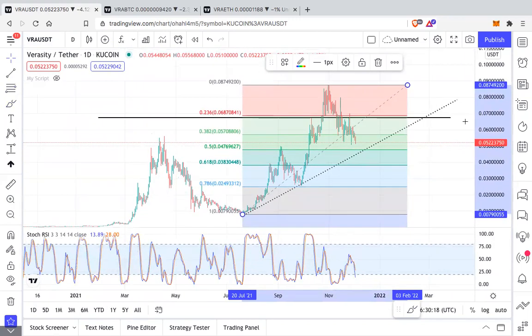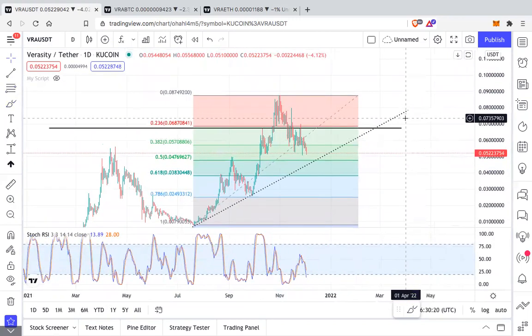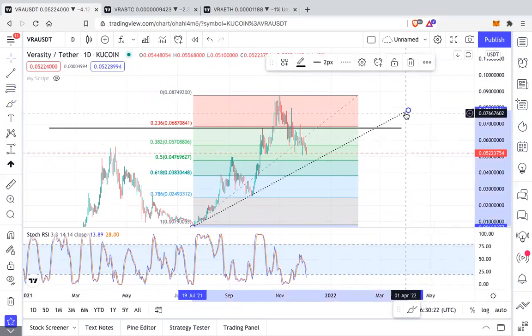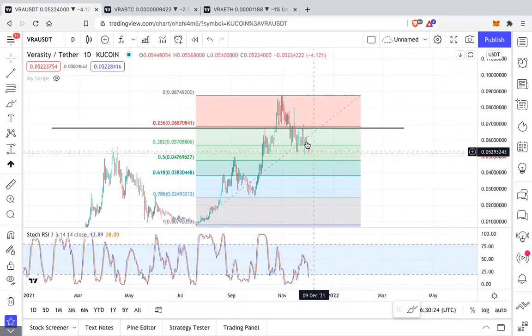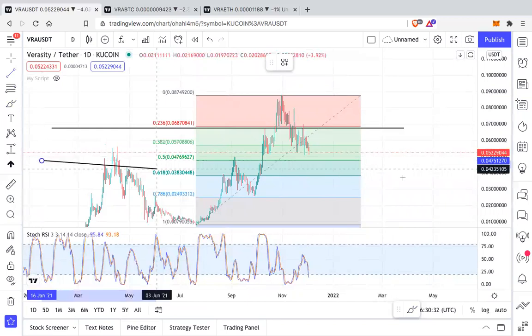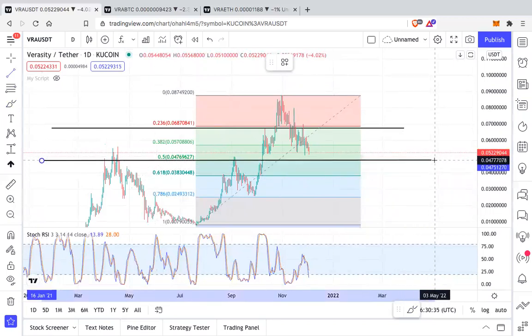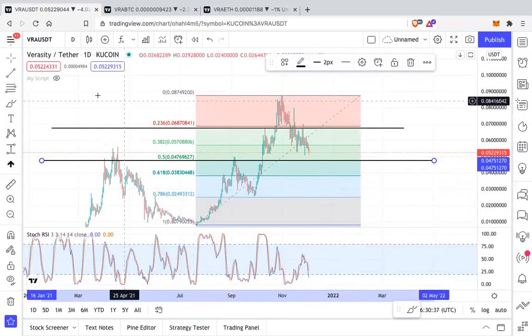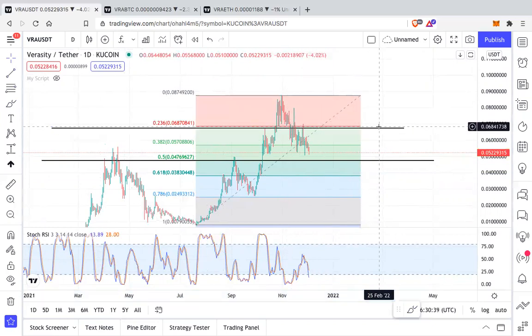Yeah. So if we go and check our Fib, look at this. As per Fibonacci, we have broken 0.382, and 0.5 is at around 4.7. This is the 0.5 level. And 0.236 is at 6.8.